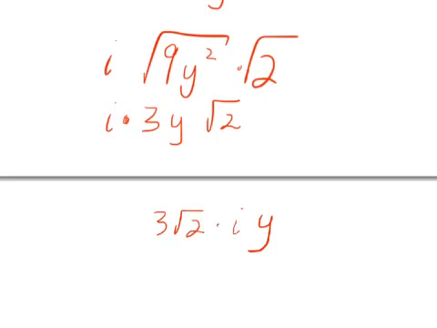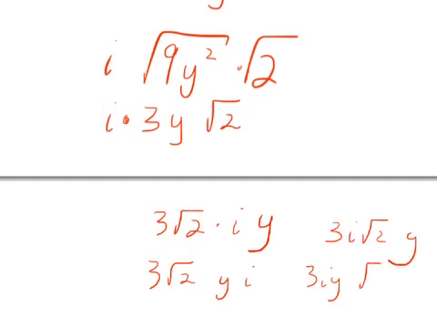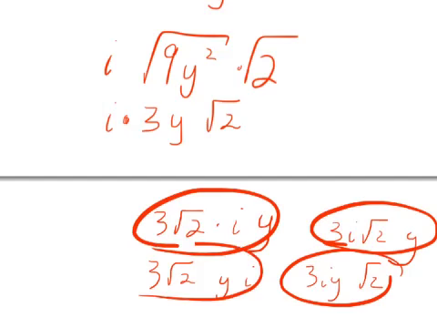At this point, you could write this several different ways. You could write it as 3 root 2 times yi, 3i root 2y, 3iy root 2. Any of these ways are really fine. I don't think for this problem any way is better than the other. Okay? All right, last one.